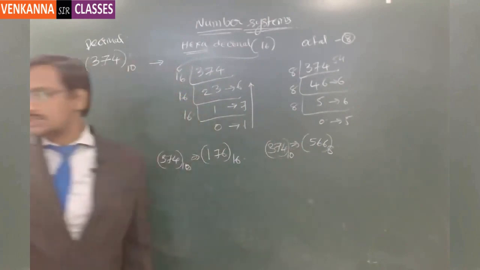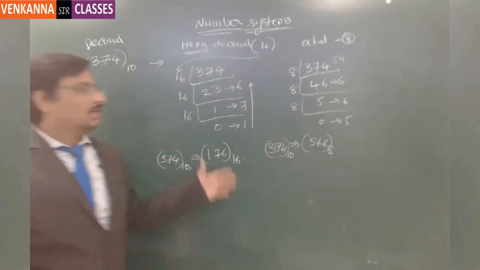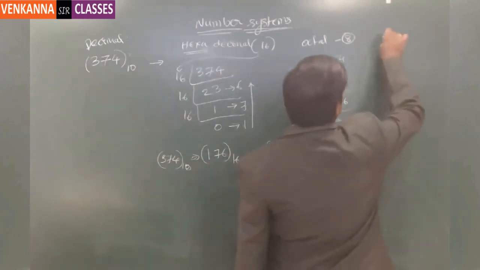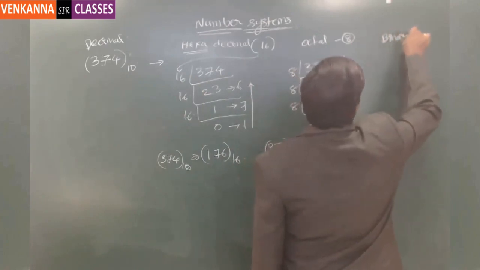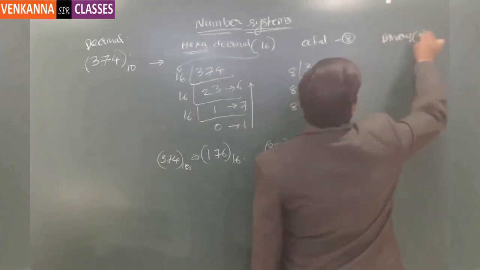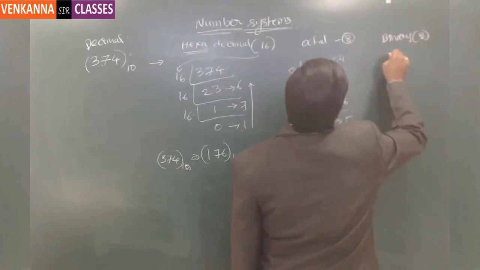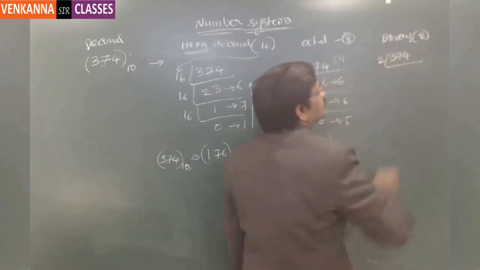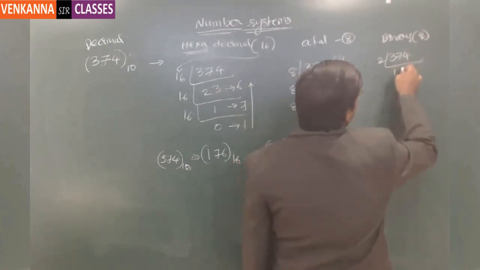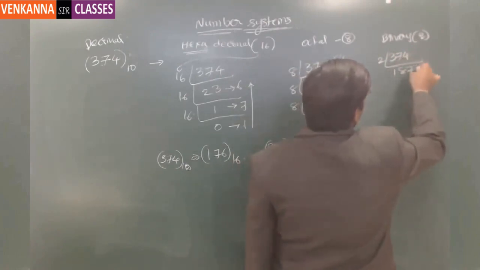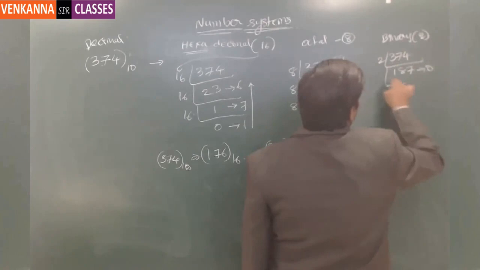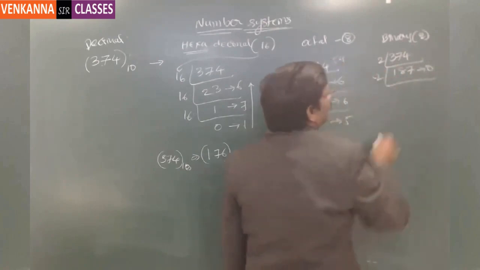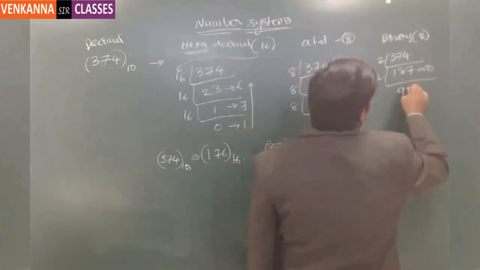This is how you can construct it. Similarly, if you want to convert to the binary number system, then divide 374 by 2. So this is 187, and it leaves a remainder of 0. And then again 2: this is 93, and it leaves a remainder of 1.